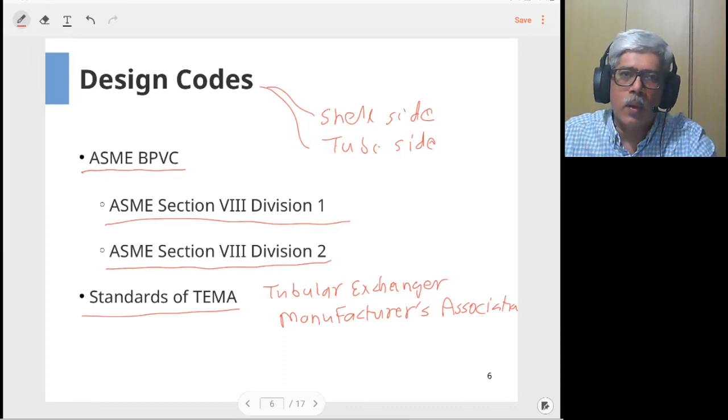So as the name suggests, the manufacturers have an important role in defining these standards so as to standardize the manufacturing as well as design of the heat exchangers.